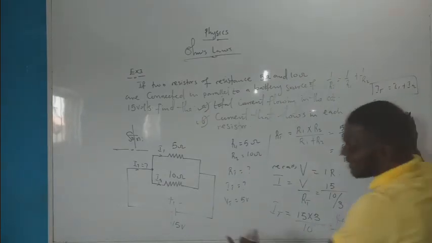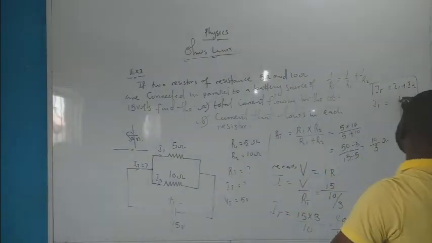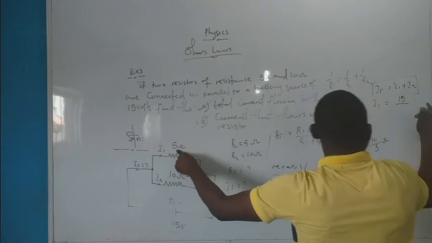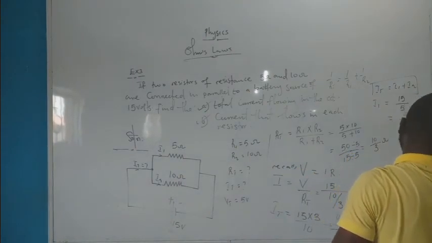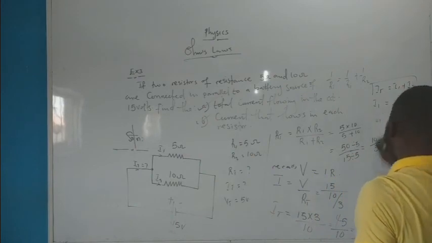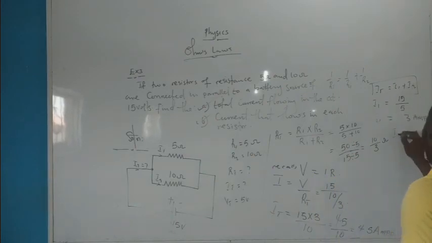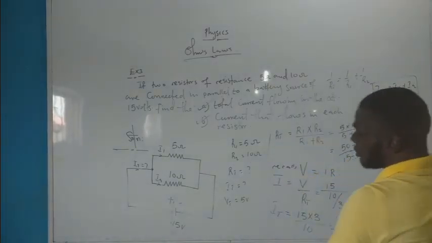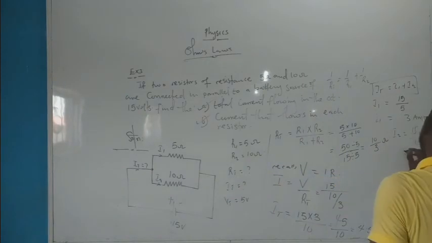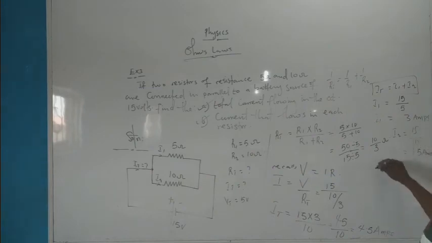So I1 will be 15 divided by 5, which gives 3 amps. I2 will be 15 divided by 10, which is 1.5 amps.